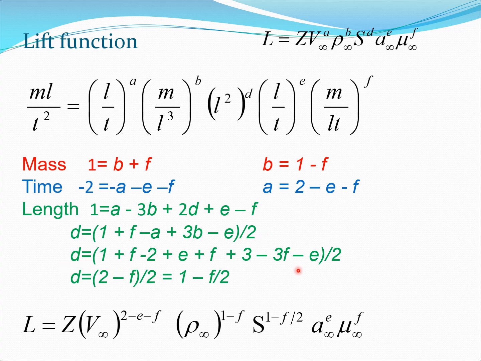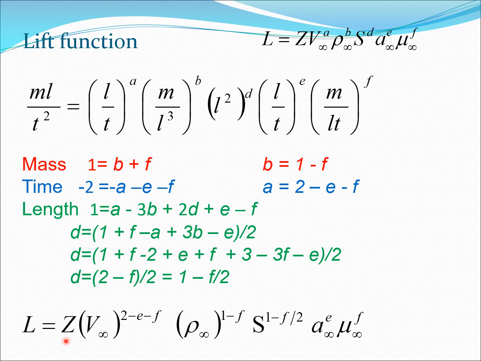Then I further expand this D out by putting in the values for A and B, and then I get some cancellations, and the cancellations finally give me D is (1 minus F) by 2. So essentially what I have done is I have got rid of A, B and D, and so I can write this L only in terms of E and F, which you see here.